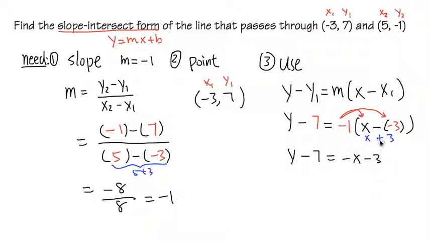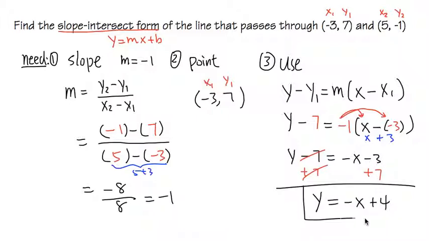So -1 times positive 3, we have -3. And to isolate the y, I have y minus 7. I will just add 7 on both sides. This way they will be cancelled out. I will be able to get y by itself, equal to -x, and this is negative 3 plus 7, that will be plus 4.